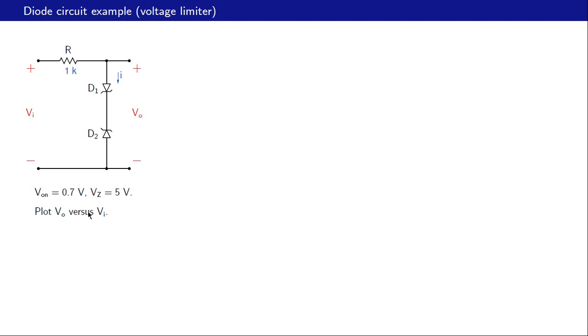Let us take V on equal to 0.7 volts for each of these diodes. That means when they conduct in the forward direction, the voltage drop across the diode is 0.7 volts, and let Vz be 5 volts. That means if the diode conducts in the reverse direction, then the voltage drop across the diode is minus 5 volts.